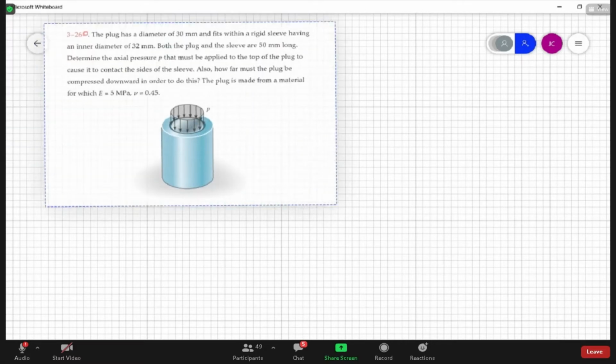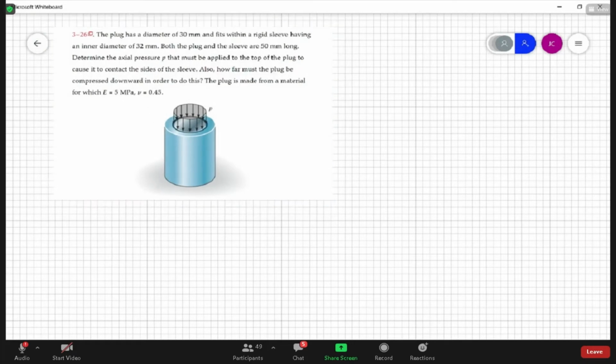All right. So this is a good example, one where you have to kind of go around the block. We are given the plug and then the sleeve, and there's initially a little bit of a gap. There is a gap of 2 millimeters diametric between the sleeve and the plug.